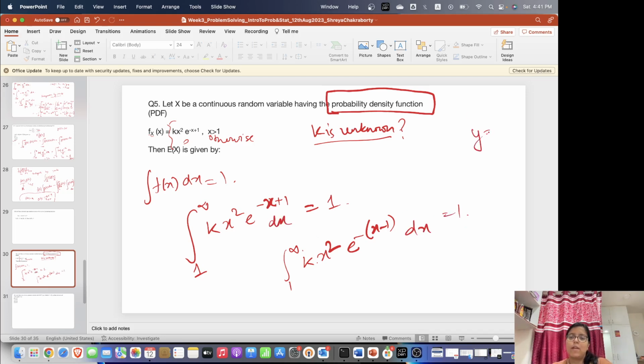Let us write y equal to x minus 1, then dy equal to dx. Substituting here, our bounds become 0 to infinity, k (y plus 1) whole square e to the power minus y dy, which should be equal to 1.